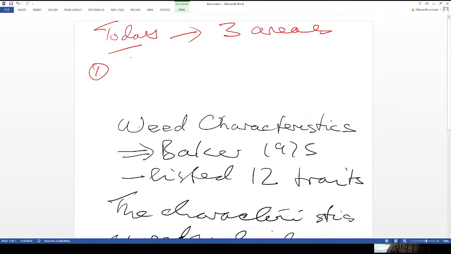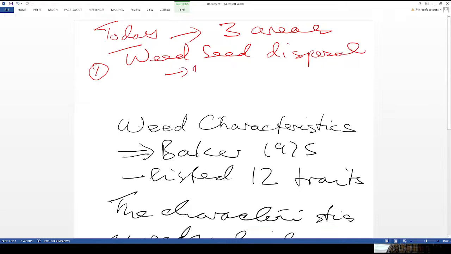Number one, we want to look at weed seed dispersal. This is simply the movement of weed seeds.